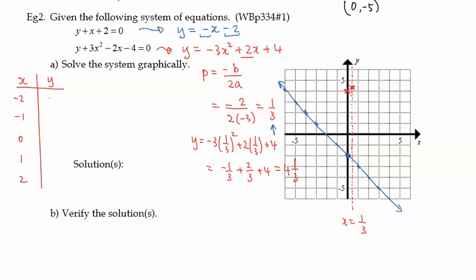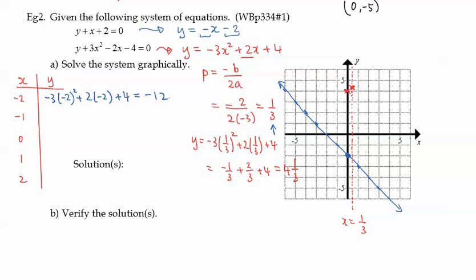Let's say if we have -2 for x, we will end up getting -3 times 4, -12, minus 4 plus 4. That's -12. Well, that's a big number. We don't have enough space to plot this point on the graph.